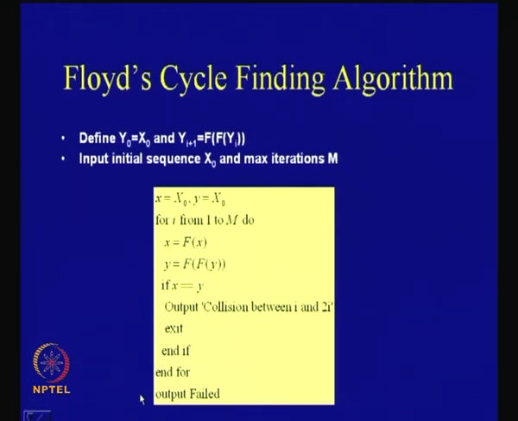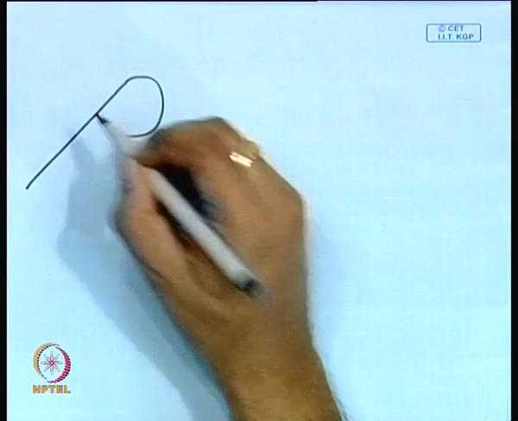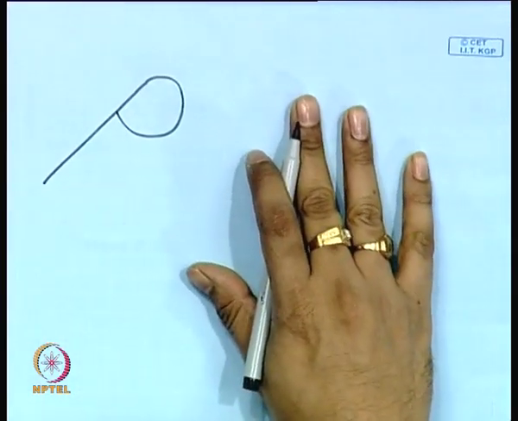And you will see that you have quite a good chance of getting a collision, because of the simple fact that the length of the cycle L will divide 2i minus i. This is actually a very useful algorithm, and it is often useful for doing analysis. If you consider the cycle, it looks like a rho.